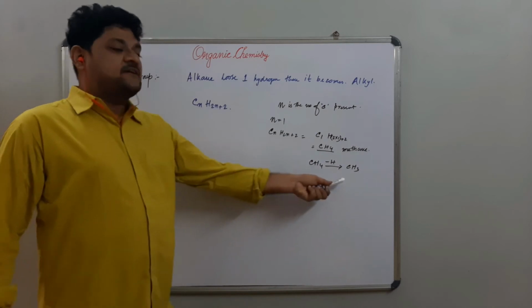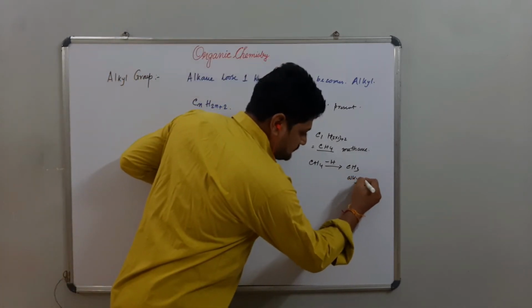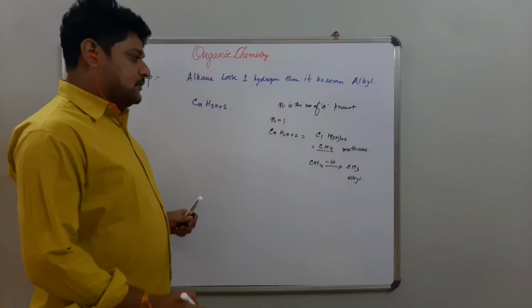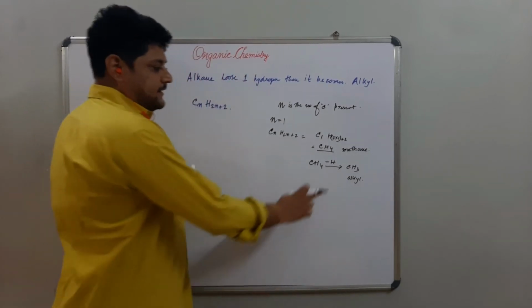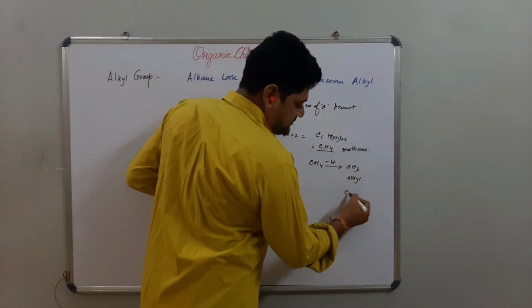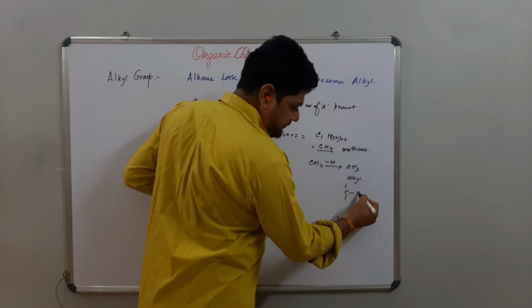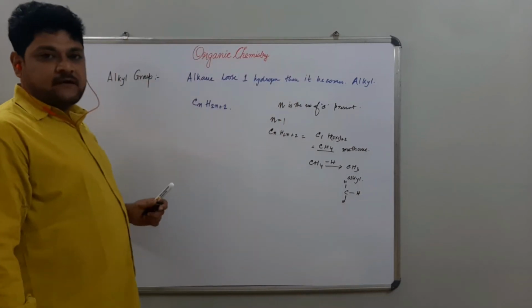Is it the structure of the alkyl? It is not the complete structure of the alkyl, because carbon has 4 valencies and here only 3 hydrogens are there.